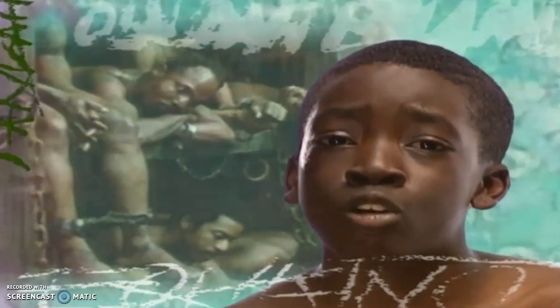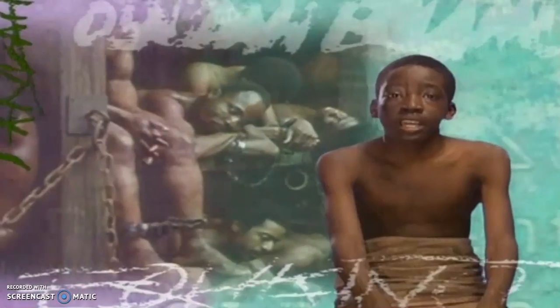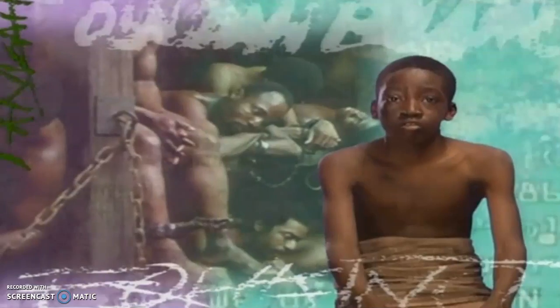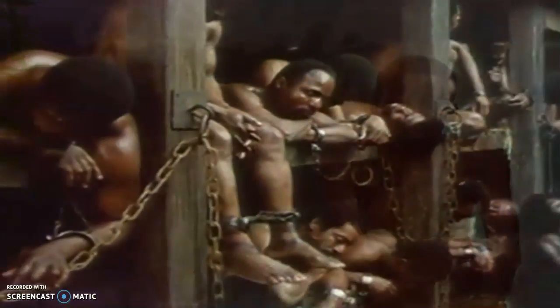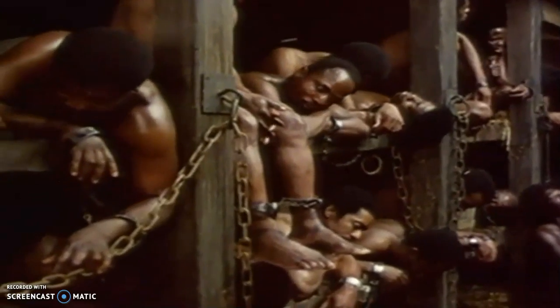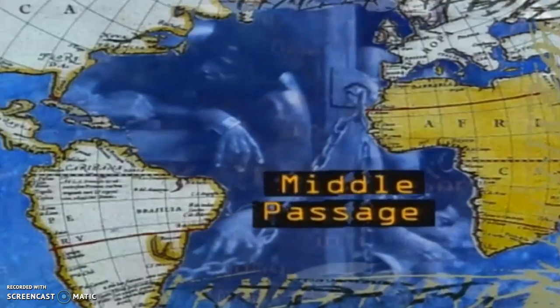I was put down under the decks. The air stank. I wanted to die. There were so many people crammed into the hold that no one could move. The chains on my wrist and ankles rubbed my skin to the bone. It was very dirty, and many people died. This was the Middle Passage.